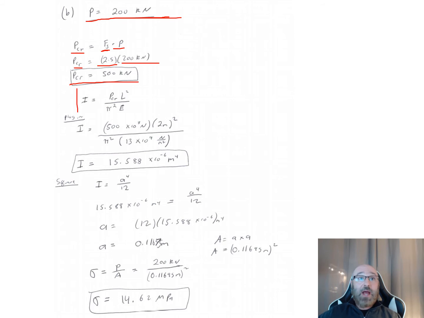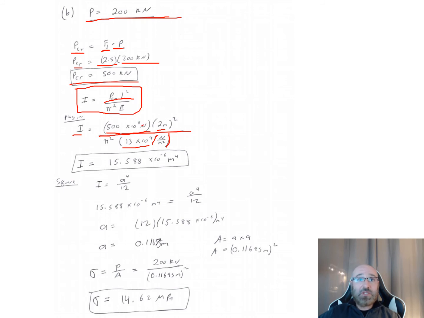Now we can go back to that same governing equation and rearrange it to solve for our I value. So our moment of inertia is equal to our critical load times L squared all over pi squared times our modulus of elasticity. Plug in our known values again. So I is equal to, in this case, our critical load, 500 times 10 to the third newtons, times our 2 meters squared, all over pi squared times our 13 times 10 to the 9th pascals, or newtons per meter squared.